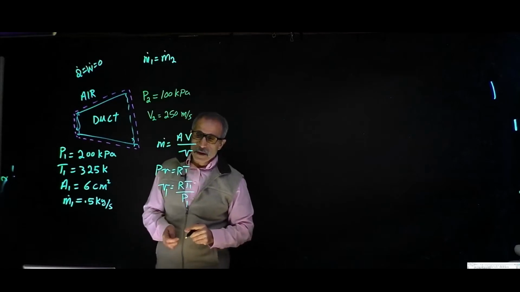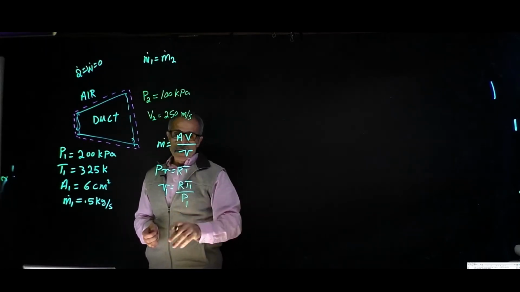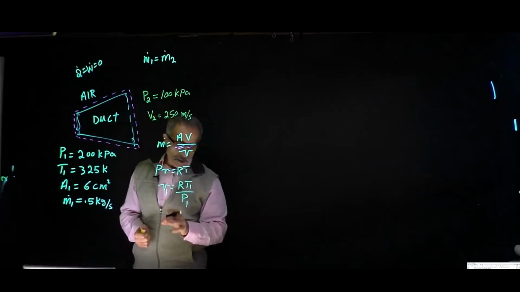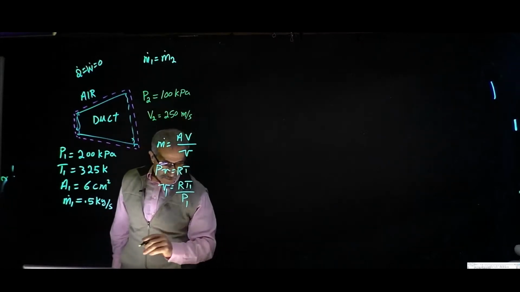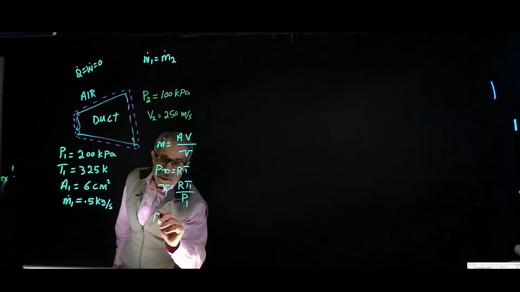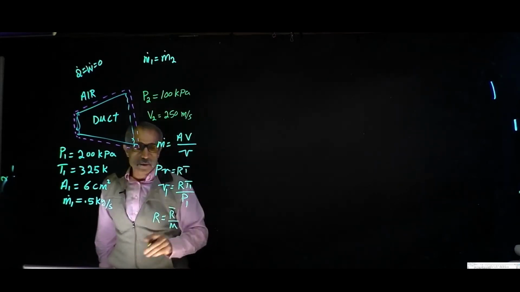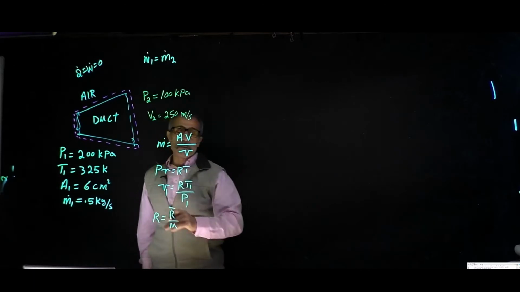So it's going to be RT1 divided by P1. And we talked about that R is equal to R bar divided by molecular weight, which is given through a table.